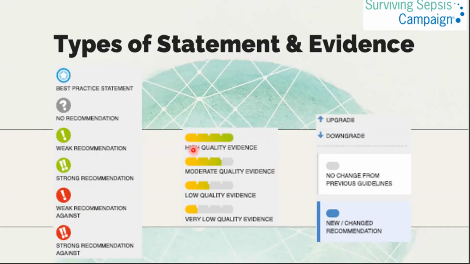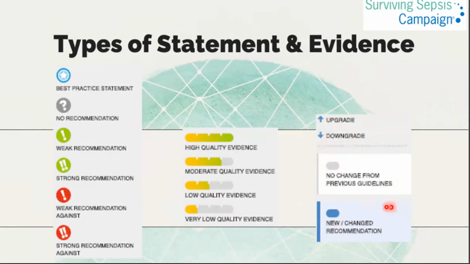This one, the quality of evidence, 4 bars filled, high quality evidence, 3 out of 4 bars moderate quality, 2 out of 4 low quality evidence, and 1 out of 4 bars very low quality evidence. This arrow pointing up is an upgrade from the previous 2016 guideline, and the arrow pointing down is a downgrade from the 2016 guideline.